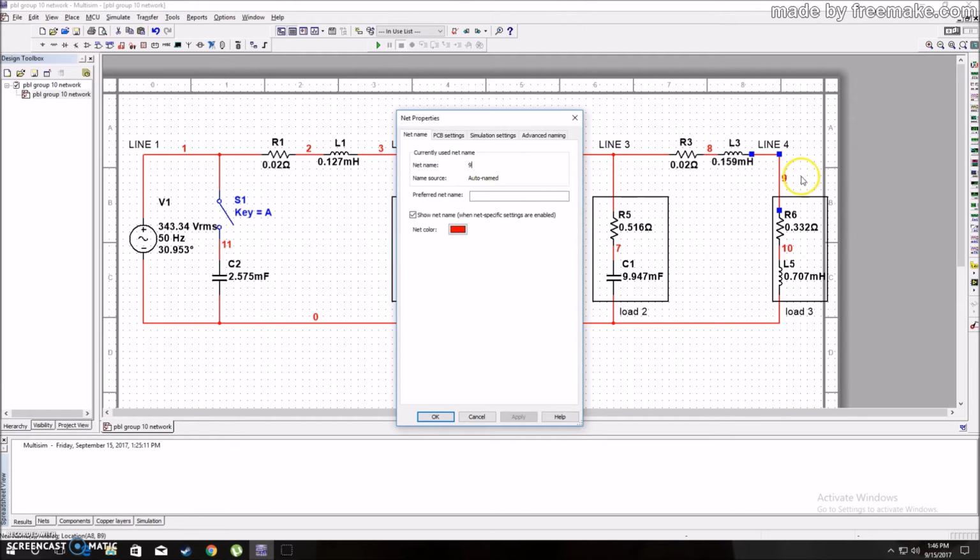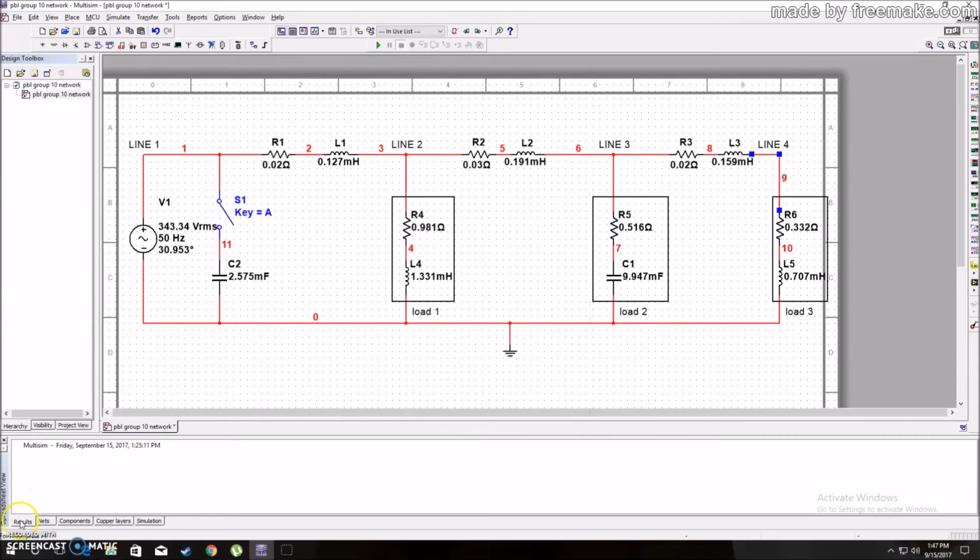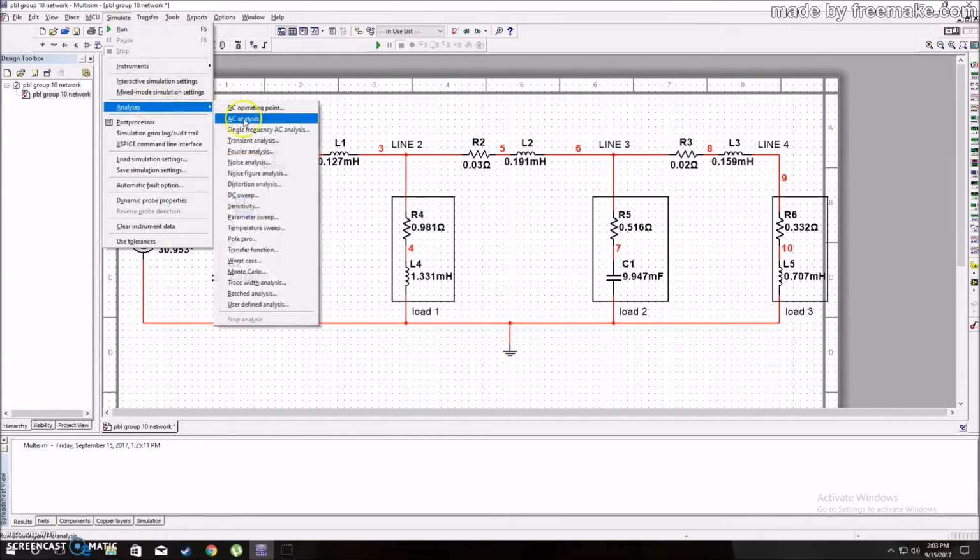So for example, the voltage net across this connection is voltage net 9, and I also ticked the show net name so that we can easily refer to the voltage net for the single frequency AC analysis. So that means voltage net 9 is actually the voltage of the load 3. Now I'm going to explain about the single frequency AC analysis.